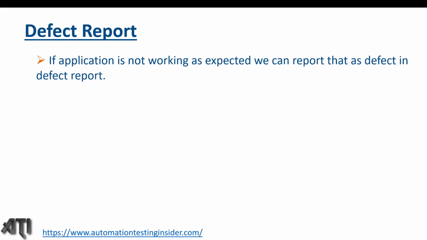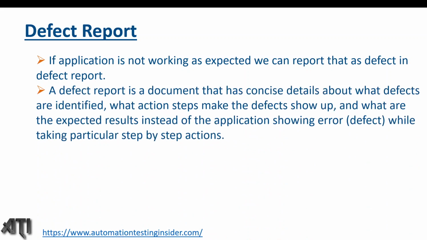First let's just recap what we have discussed so far. If the application is not working as expected, we can report that as a defect in the defect report. And what is a defect report? A defect report is a document that has concise details about the defects identified, what action steps make the defect show up, like reproducible steps, and what the expected results are.